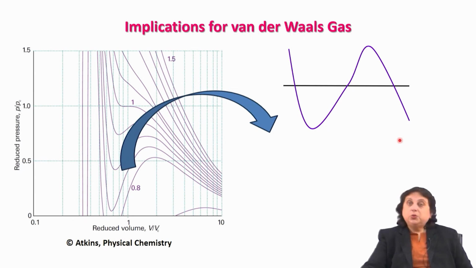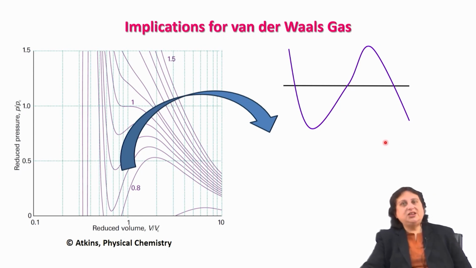Now, can you quickly identify the region where I am going to have violation of the condition of stability of the system? Without going into details, I can show you that if you have these 2 points, and between these 2 points you construct the corresponding Helmholtz free energy, you will find that the Helmholtz free energy is not a stable function between these 2 points as predicted by the van der Waals gas.